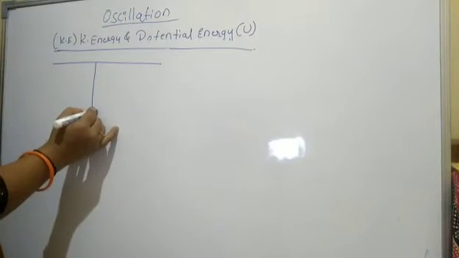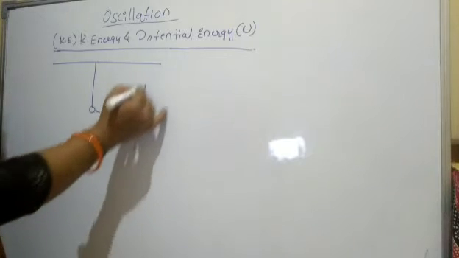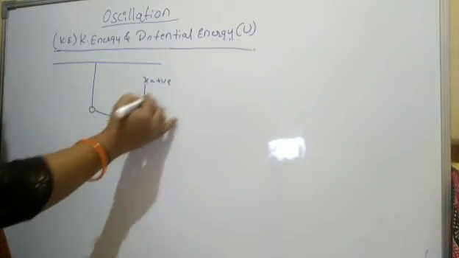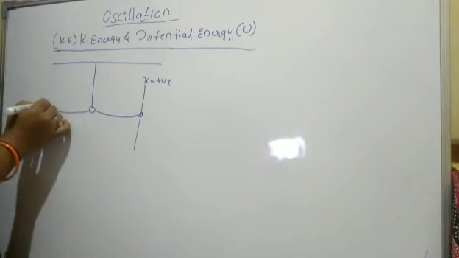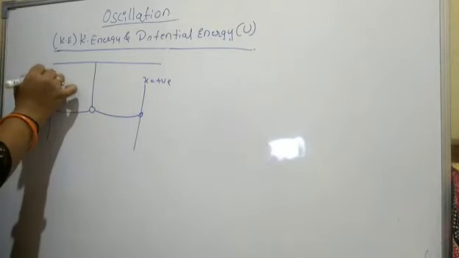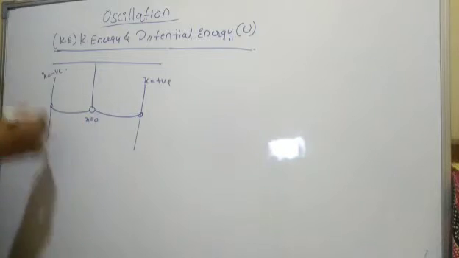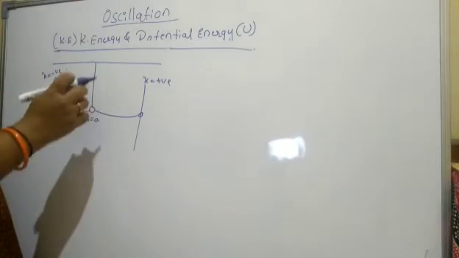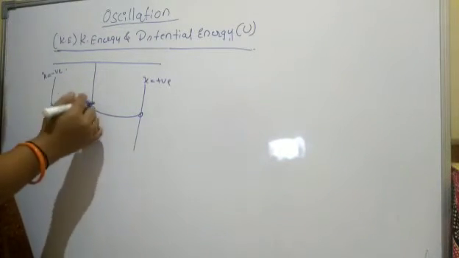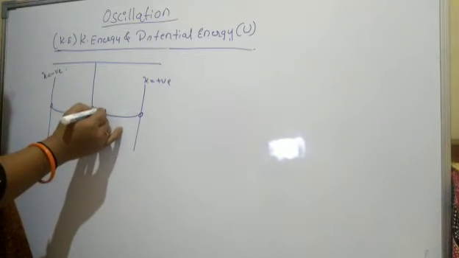Now, this is the positive extreme position, this is the negative extreme position. Until you get confirmation and perfectness in this, you can make use of the diagram. So the particle is moving in this direction.